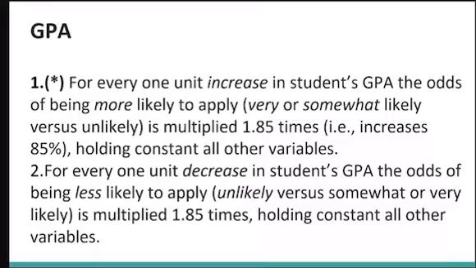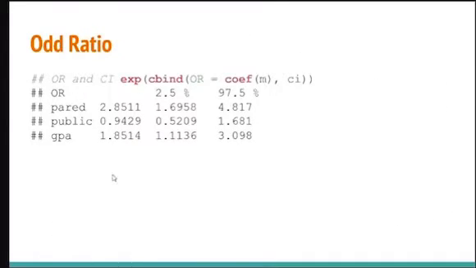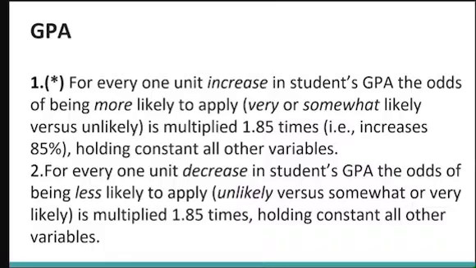Now, what about the GPA? I think I've interpreted the GPA the other time. If you go back to the GPA, the odds ratio is 1.85, to 2 decimals.